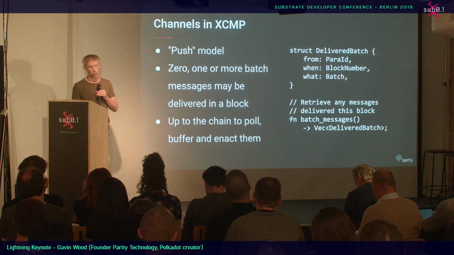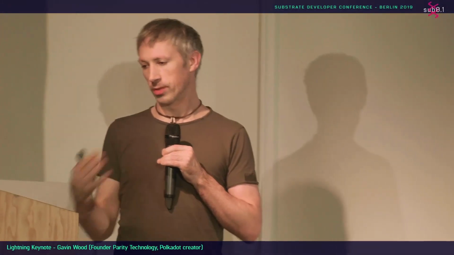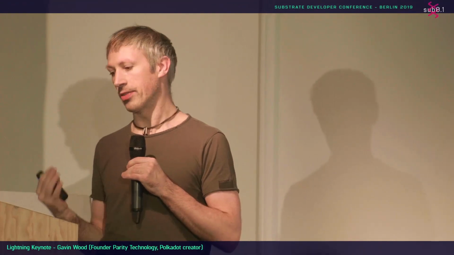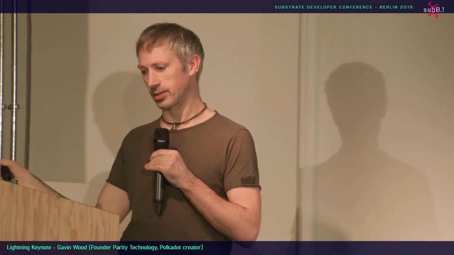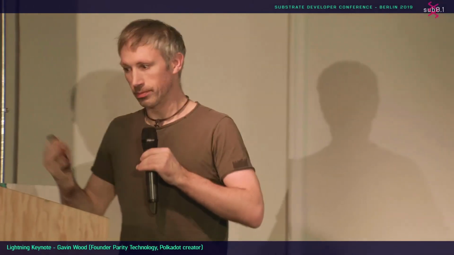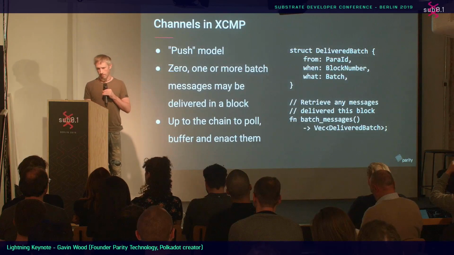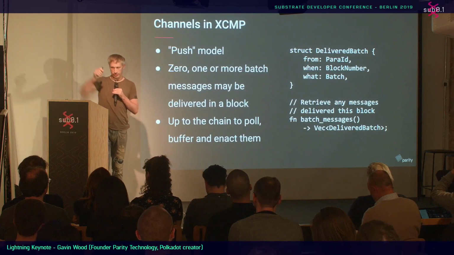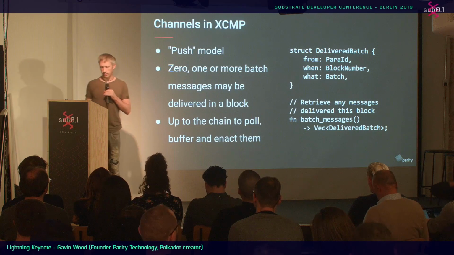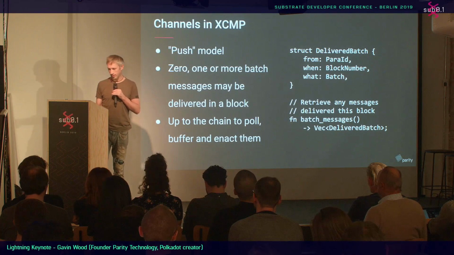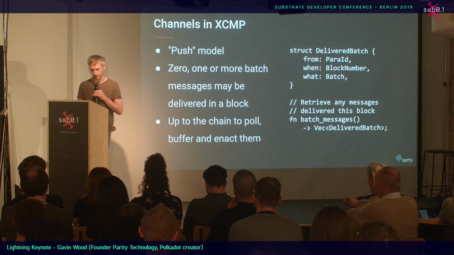Presumably, you're not always going to be able to act on all of these messages immediately, so you're going to want code that buffers them, potentially persistently, and also enacts them, doing some action based upon their contents at some point. That's going to be handled in the next two things, but at this quite low-level layer, that's what needs to be done.